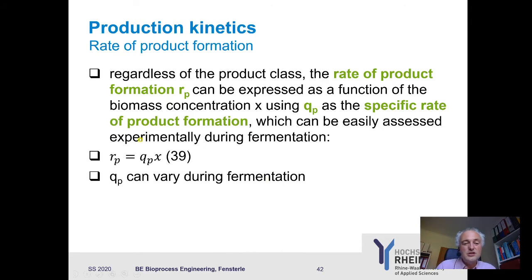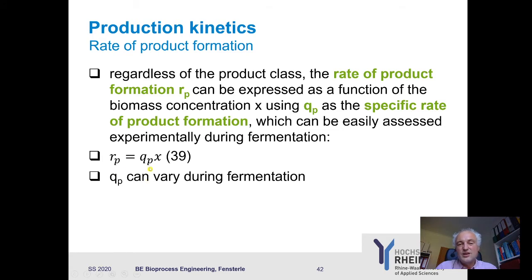This equation looks very much the same as the rate of biomass formation. So Rp is Qp times x. And of course, this equation is always true, because this is just a definition of the rate of product formation, and therefore it doesn't matter whether Qp is constant or not.